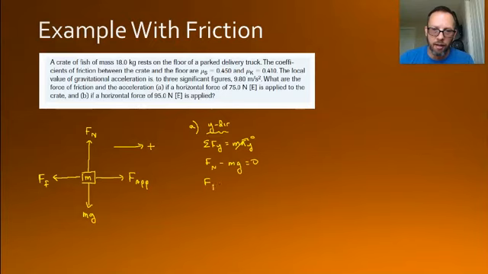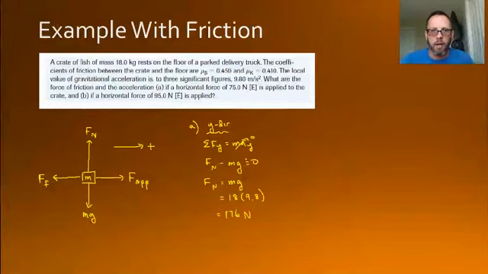So the normal force equals the force of gravity, mg, and we can calculate that. That's not going to change for the whole problem. So 18.0 times 9.80. So we'll use 176 for the normal force throughout this problem.